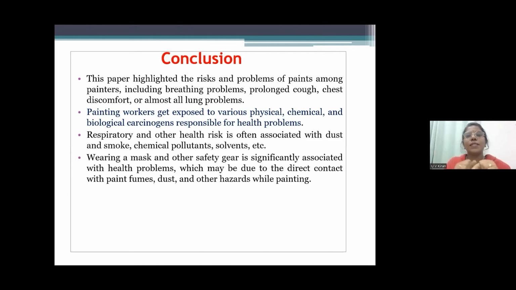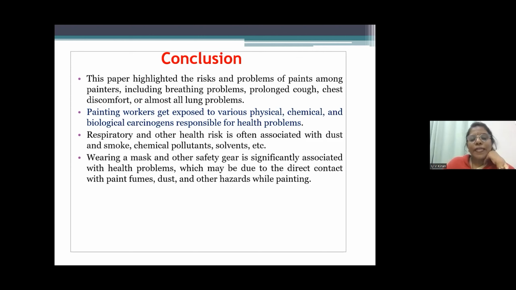We have taken only the sample who do not have the habit of smoking or tobacco chewing. So we have also ruled it out. And the majority of the workers have respiratory health ailments or other health risks associated with dust, other chemical pollutants and solvents.